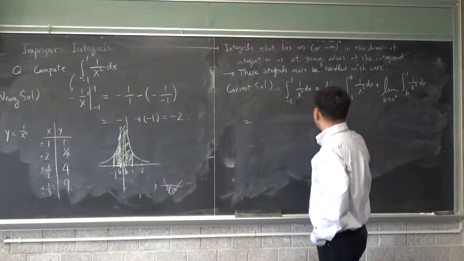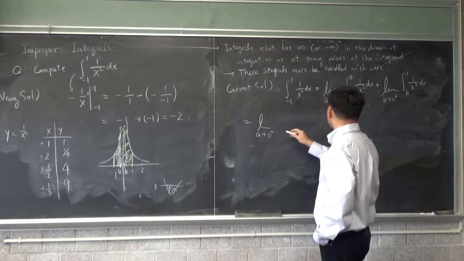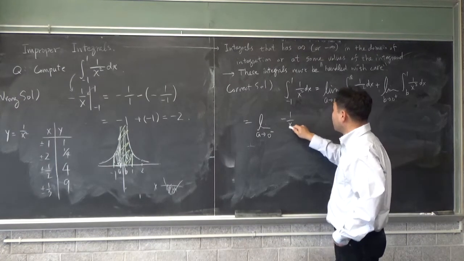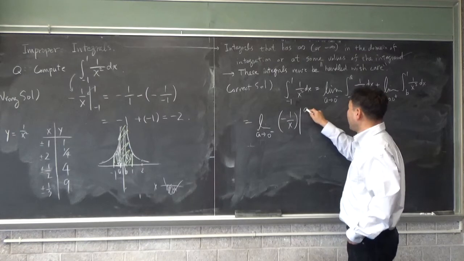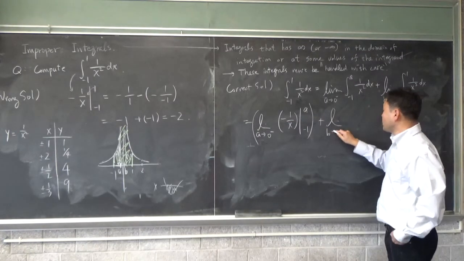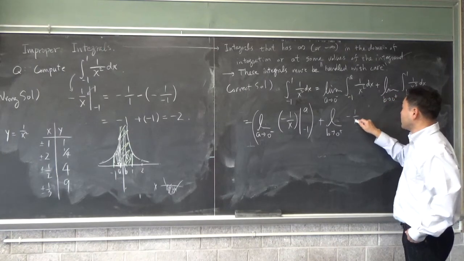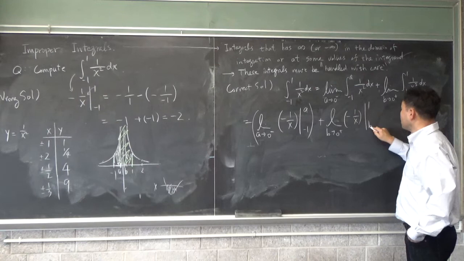Well, this one would be the limit a going to 0 minus of -1 over x, and you plug in a and -1, whereas the other limit would be b going to 0 plus of the integral of 1 over x squared, which is -1 over x, and you plug in 1 and b.